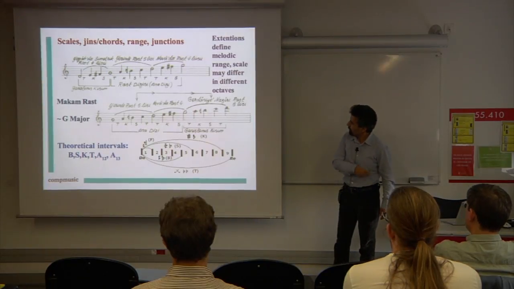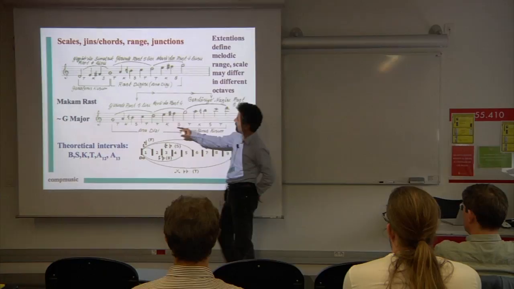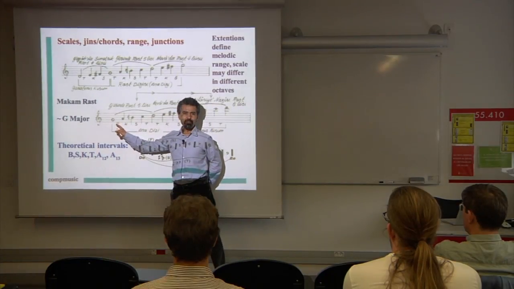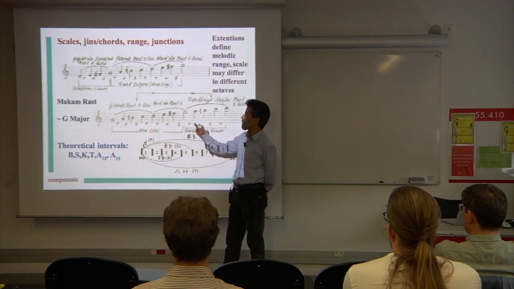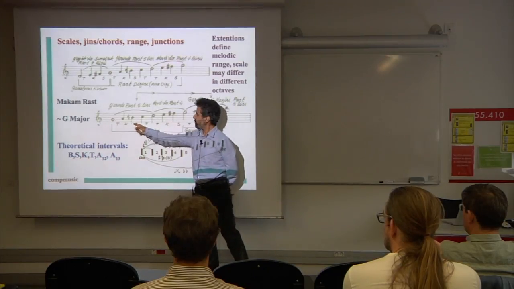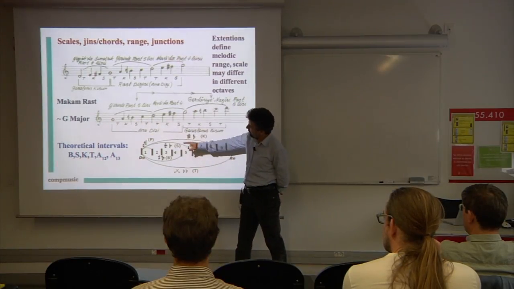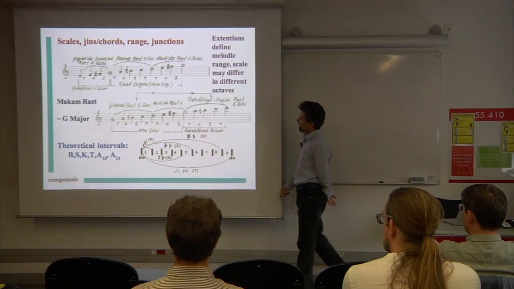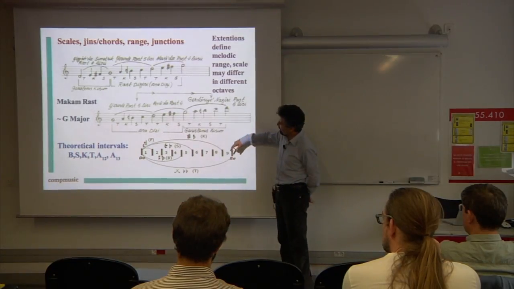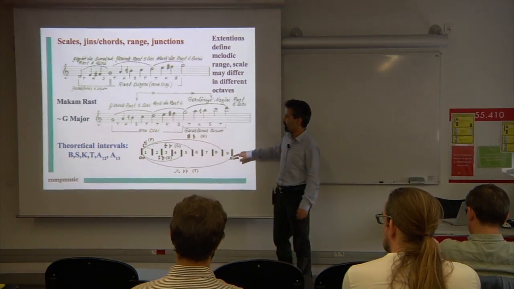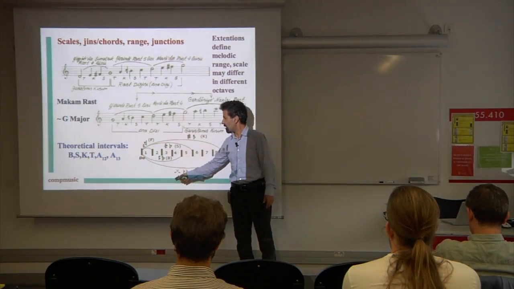Okay. And here there are some indications of intervals. In theory, they have named the intervals between notes. We have 6 of them, and their sizes are defined in terms of what they call a comma.